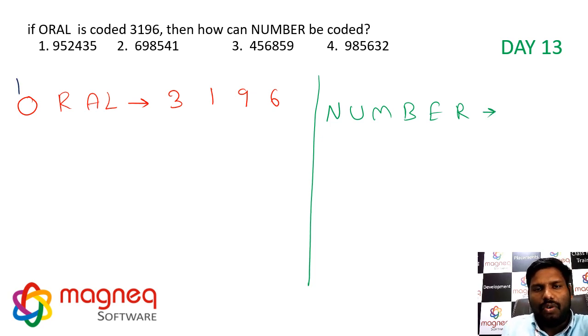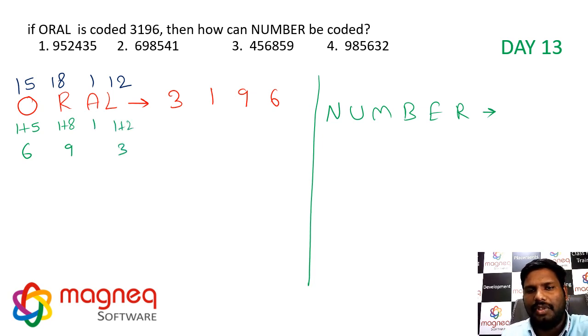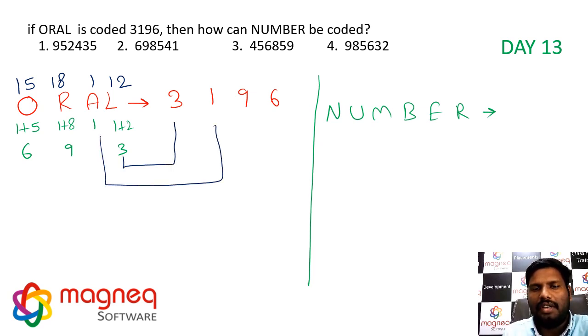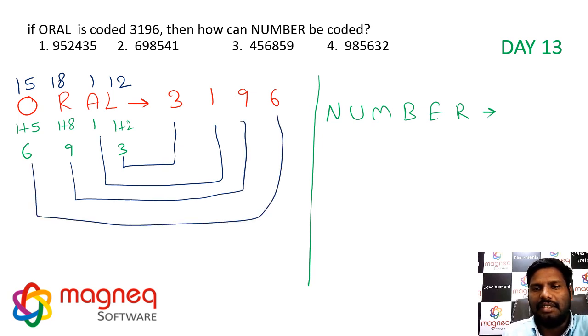Given values O value 15, R value 18, A value 1 and L value 12. We have to add: 1 plus 5, 6. 1 plus 8, 9. 1. 1 plus 2, 3. And reverse. 3, 1, 9, 6. So ORAL.